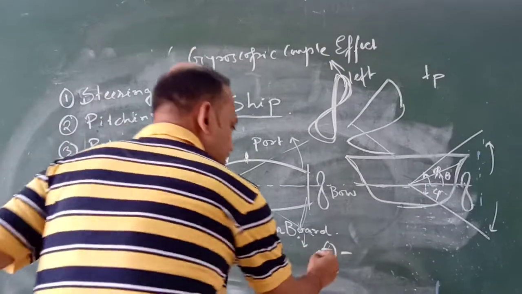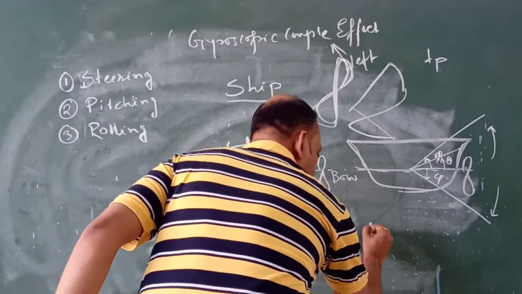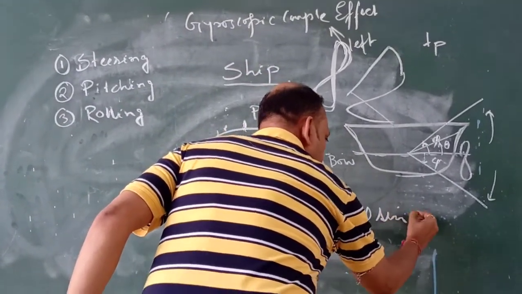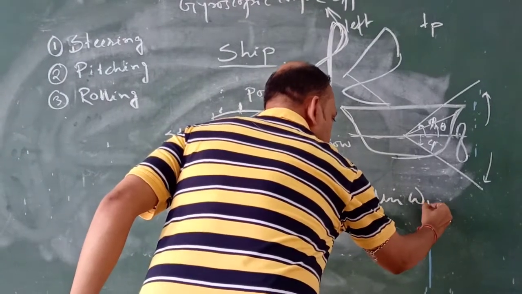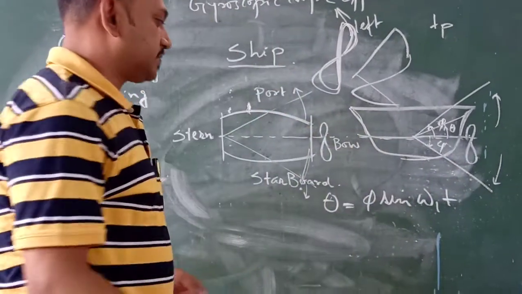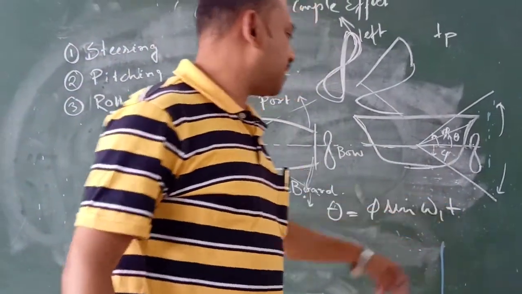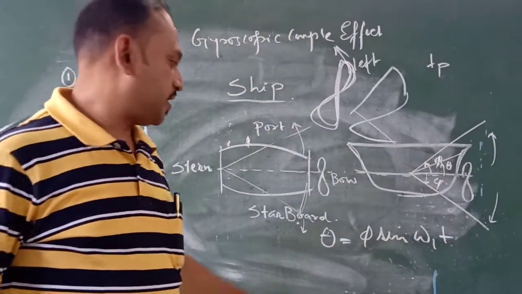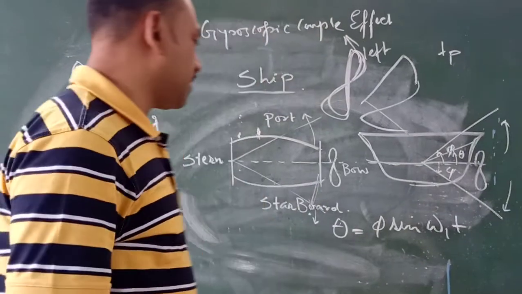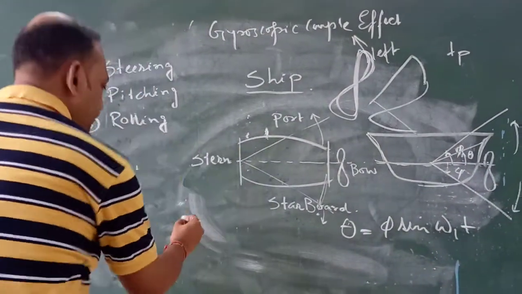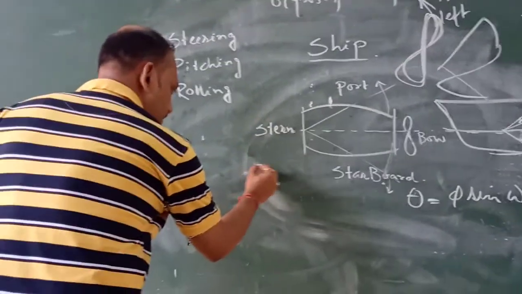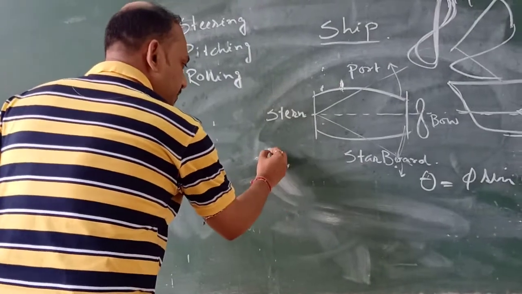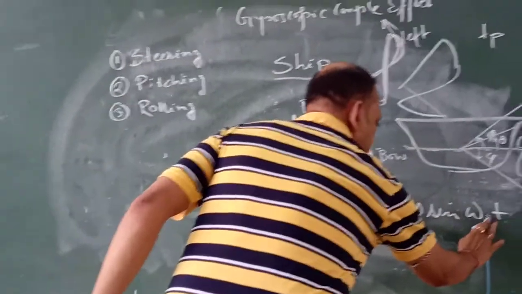So under this condition, we can write theta equal to phi sin omega 1 t, where omega 1 is the angular velocity of the axis of spin. So theta equal to phi sin omega 1 t. And we know that the magnitude of this velocity, okay, let us write it phi sin omega t.